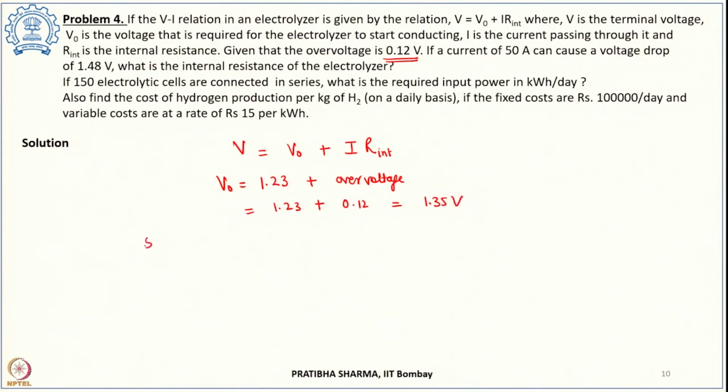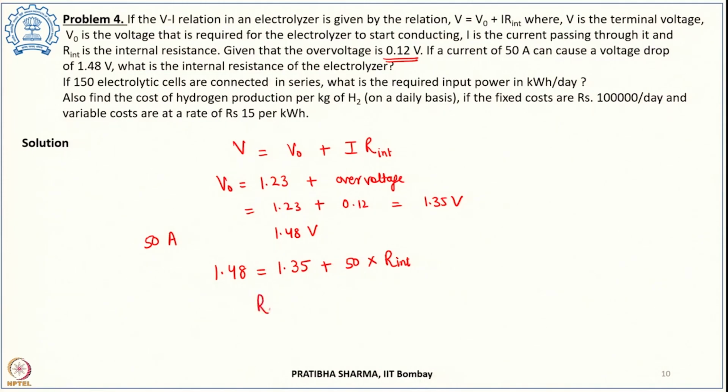And it is mentioned that 50 amperes can cause a voltage drop of 1.48 volt. So that means the voltage of 1.48 is caused by 50 amperes of current, given that V naught is 1.35 volt, plus 50 amperes into the internal resistance of the electrolytic cell.